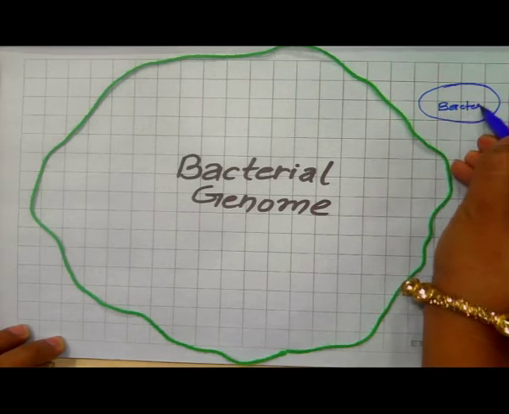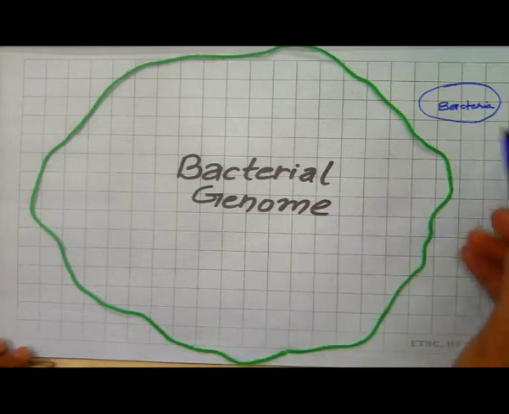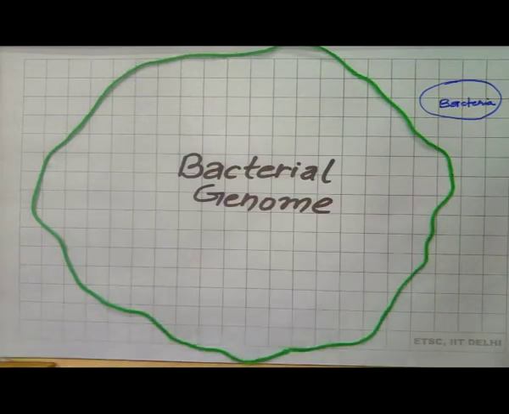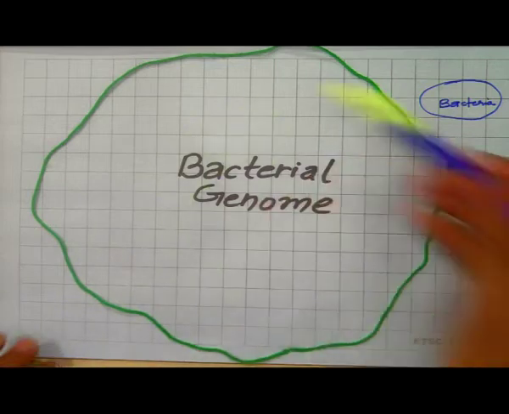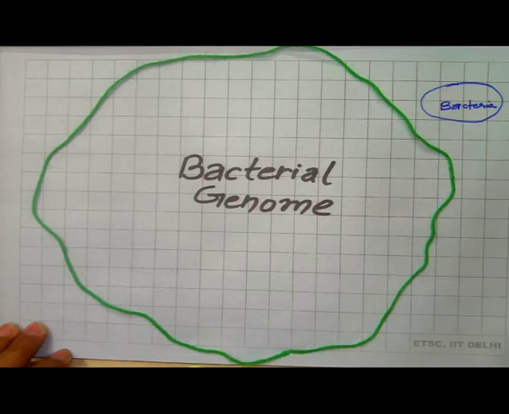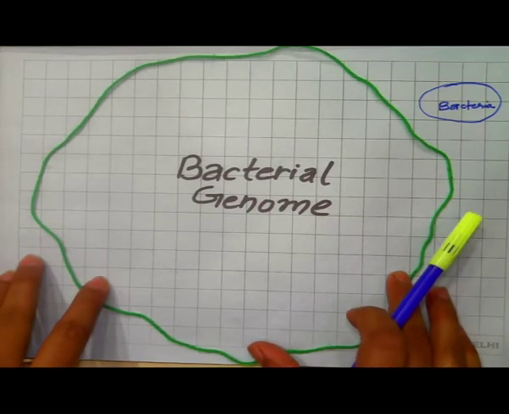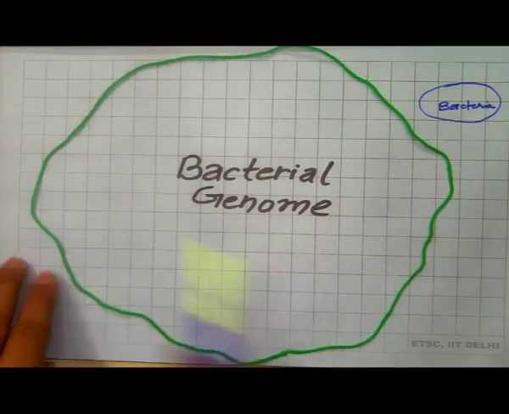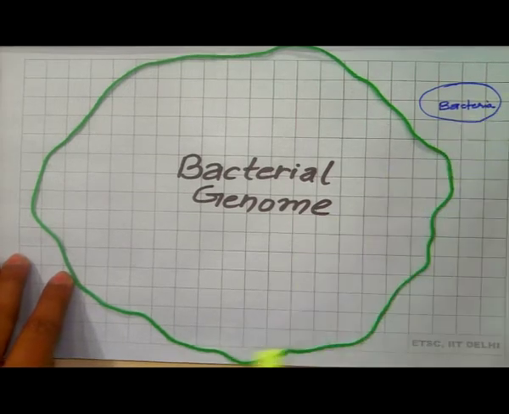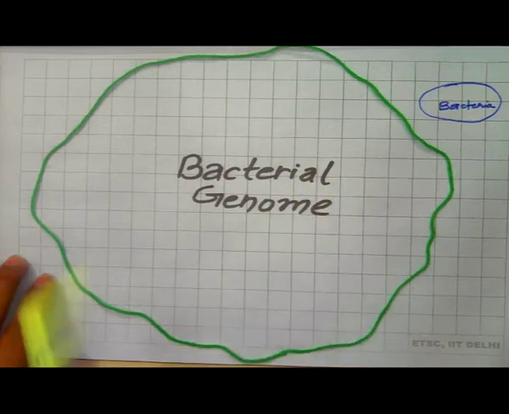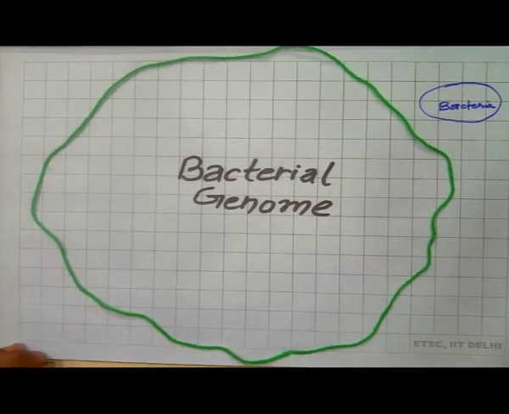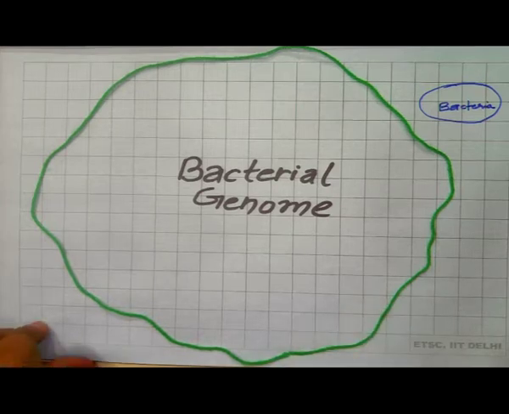If we compare the size of the bacterial cell and the bacterial genome, you can see the genome is much larger than the bacterium. So how will this large bacterial genome be incorporated in a small bacterial cell? The bacterial cell, with the help of proteins, will make the folds.